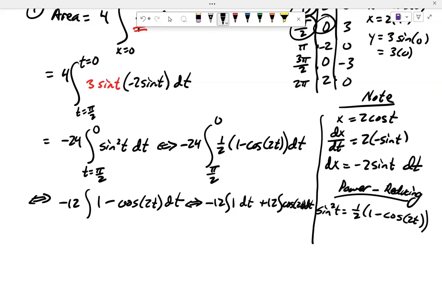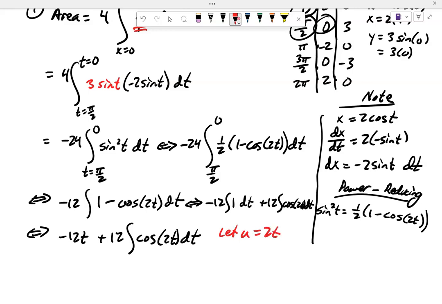I split that up. So I've got negative 12t plus 12. Let me write this a little bigger, because I've got to use u-sub here. So I need a 2, I need a 1/2.